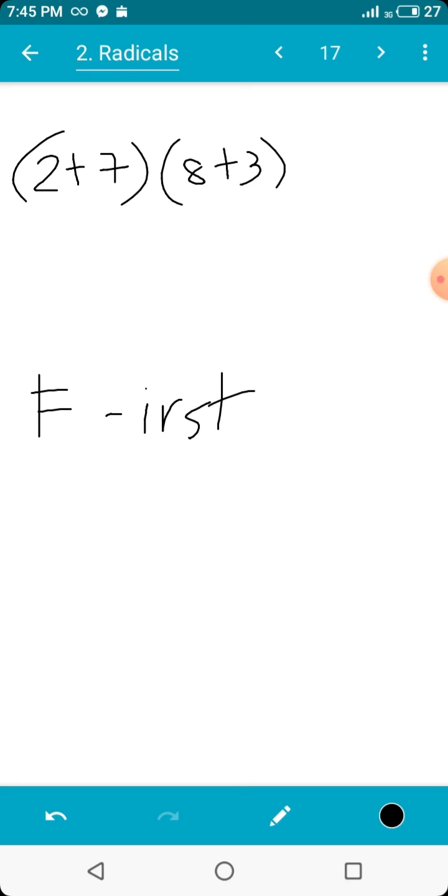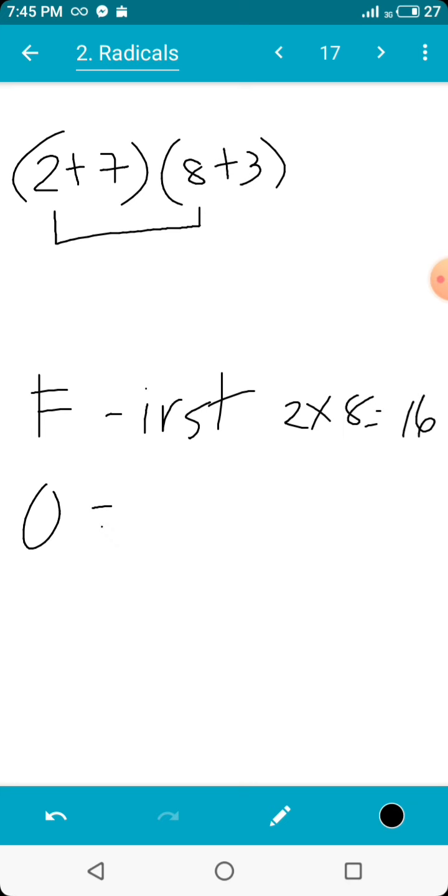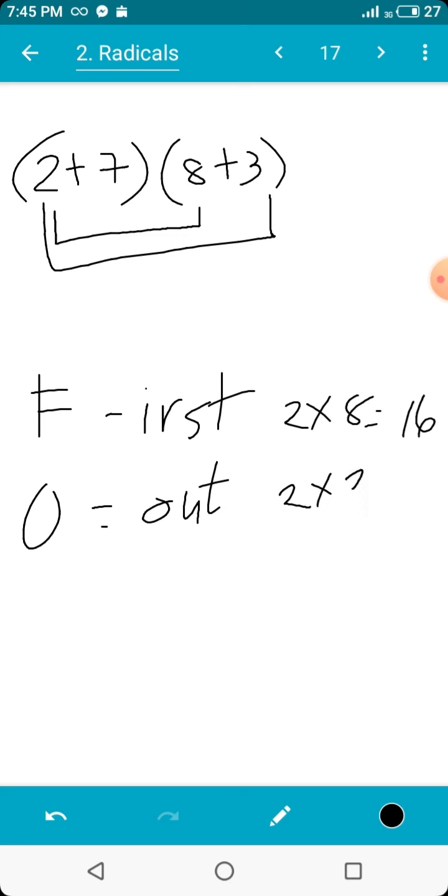Okay? So, i-multiply muna natin yung 2 times 8, and that is 16. Alright? And then, yung sunod is O. So, outside. So, yan yung 2 at saka 3. So, 2 times 3, that is 6. Next is yung I. That's its inside.